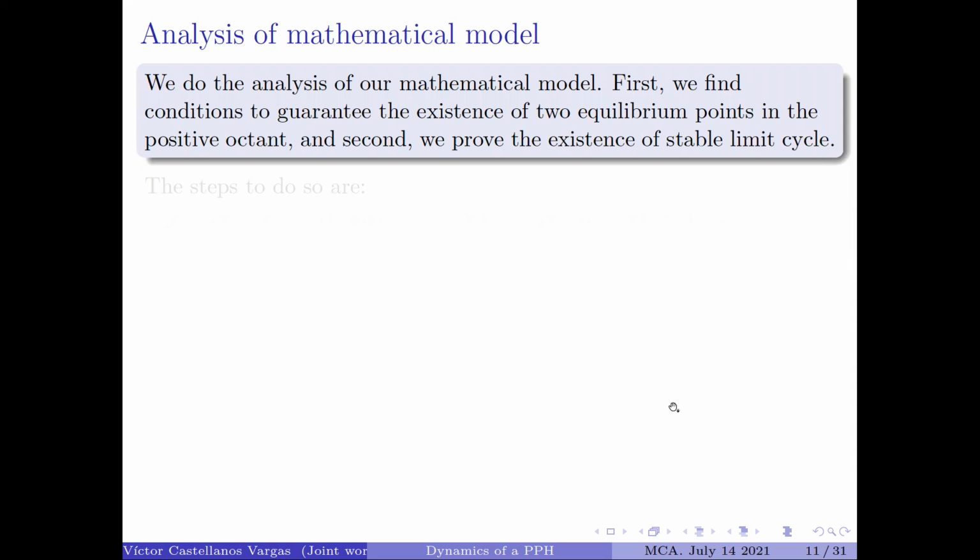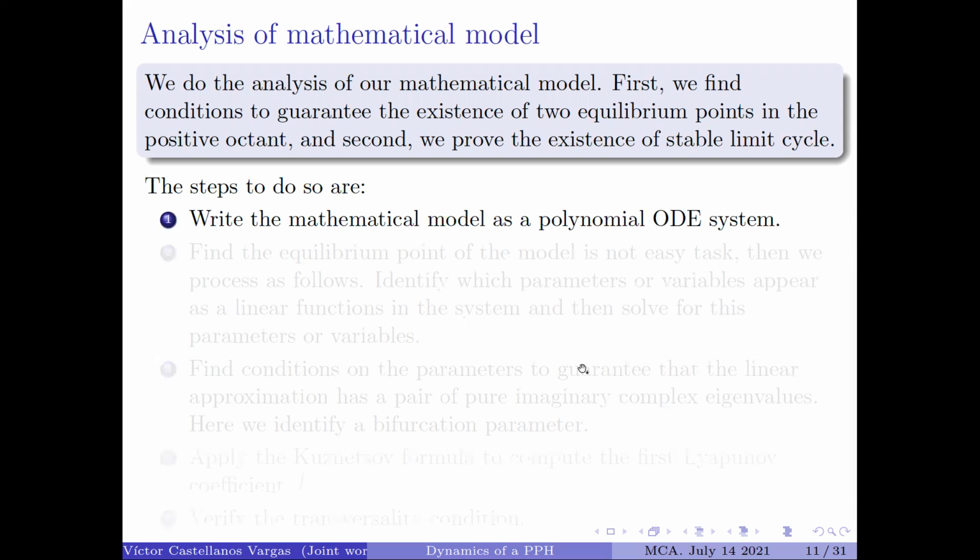Why are we interested in these two concepts? Because we would like to find the conditions for the coexistence of the species, of the populations, okay? Okay, the steps to do this are the next.